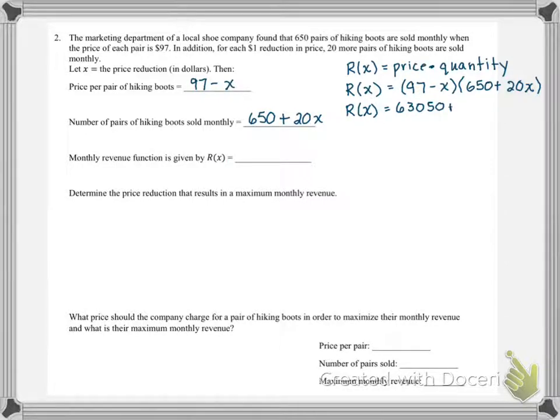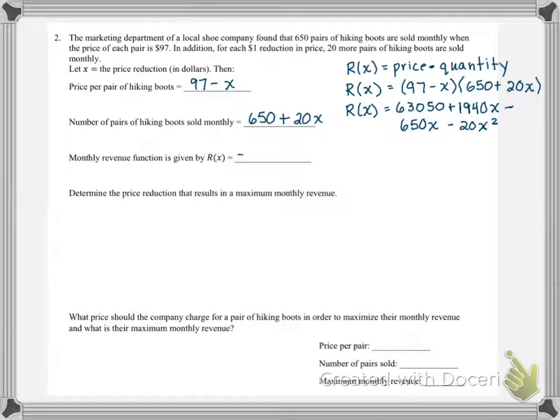And then plus 1,940 x minus 650 x minus 20 x squared.